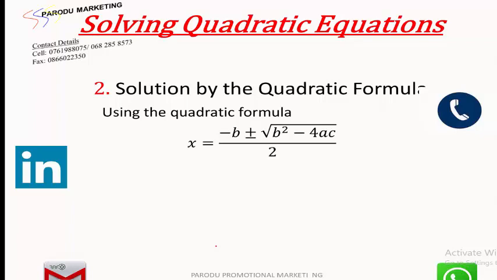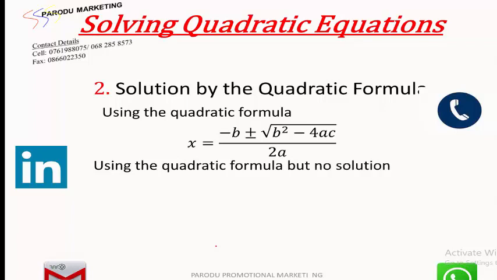So always remember, if you encounter an equation where you cannot factorize, using the quadratic formula can always work for you. So using the quadratic formula is always the last resort, or for me anyway, but there are 4 ways, remember, of solving the quadratic equation.